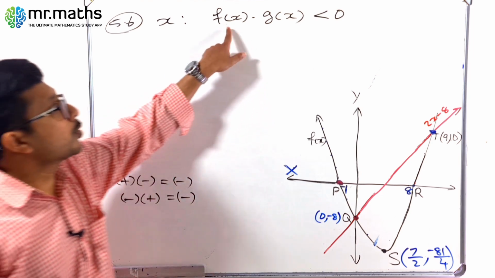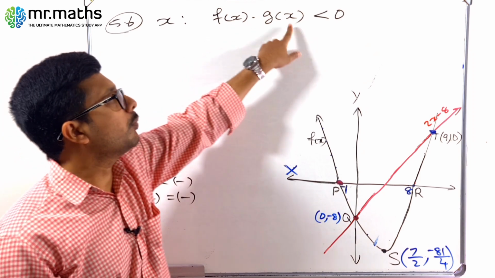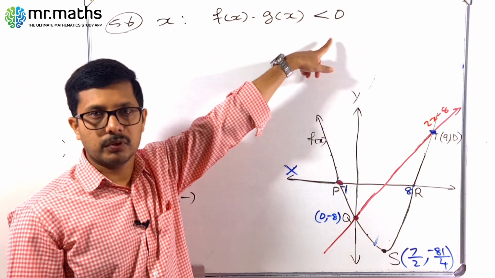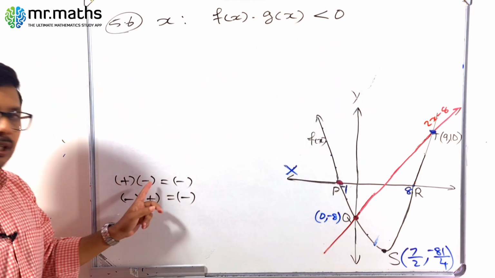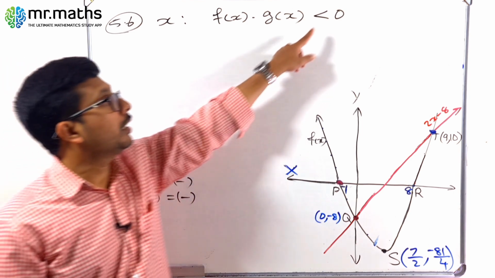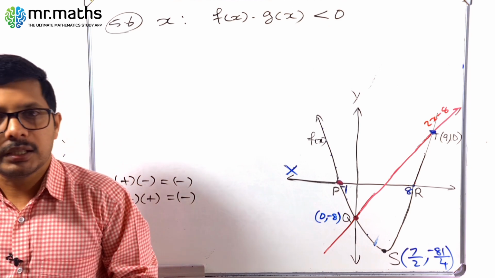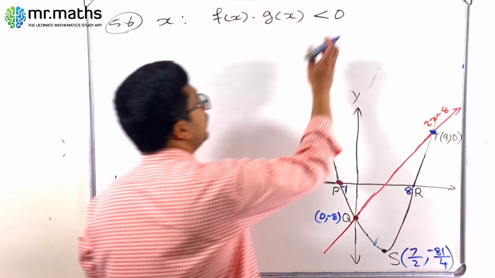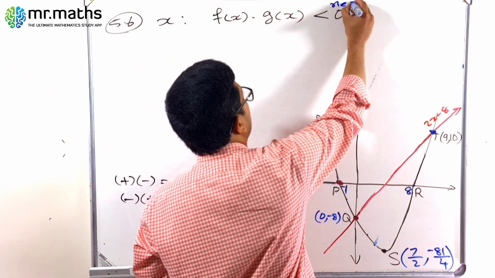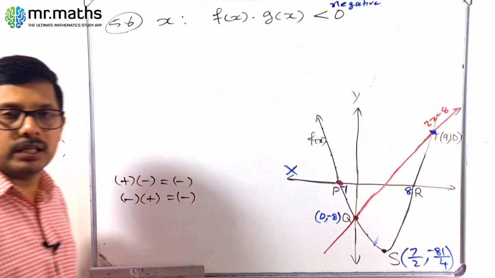If both are positive, then we won't get negative, positive times positive is positive. We want a negative answer. Am I right? Less than 0 means negative.